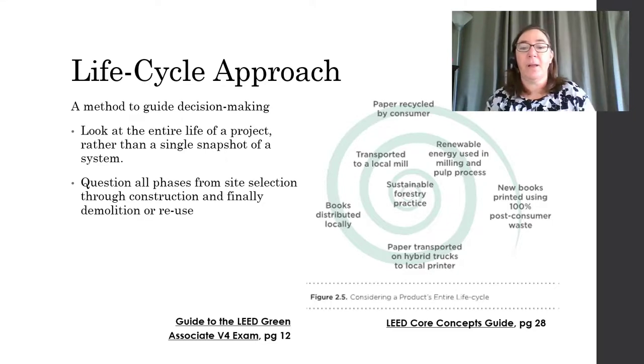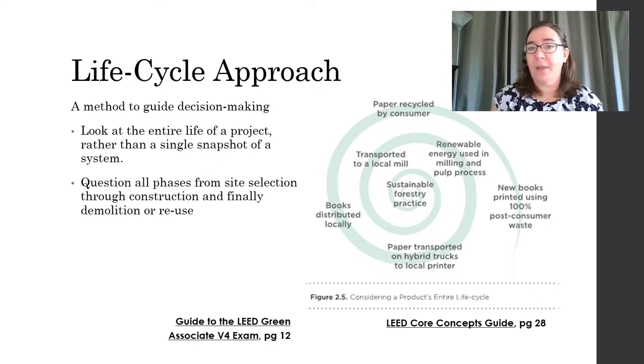So here's an example from the LEED Core Concepts Guide. It's not exactly an example about a building, but we've got an example of a particular industry. And it starts here in the middle. We're considering a particular product's entire life cycle. And it starts with sustainable forestry practice. So we're thinking about how our wood is grown. And moving around this cycle, you would next think about transportation and the different energy used in the manufacturing process of this product.